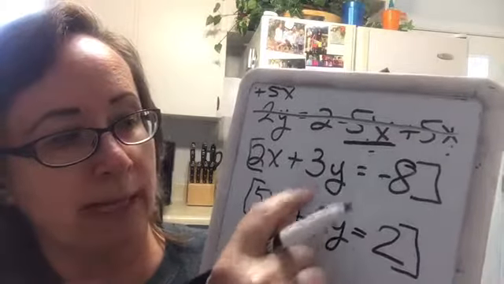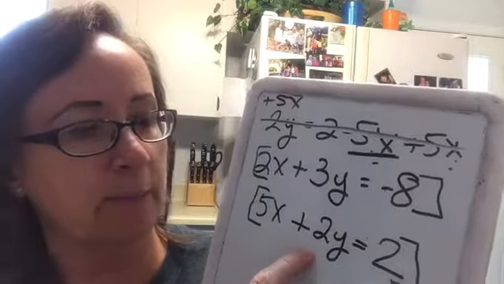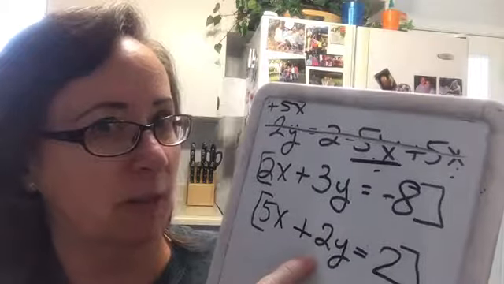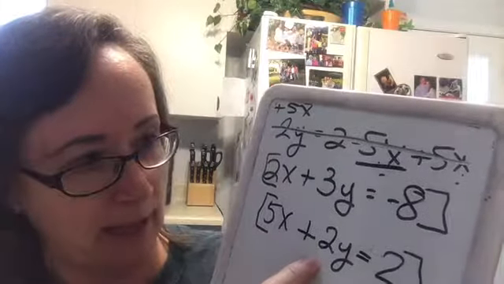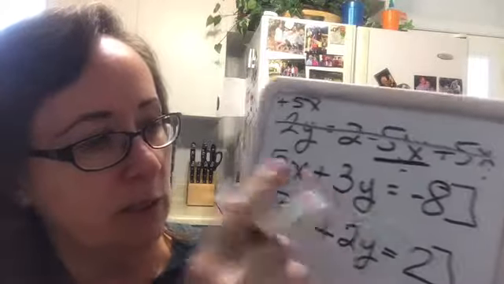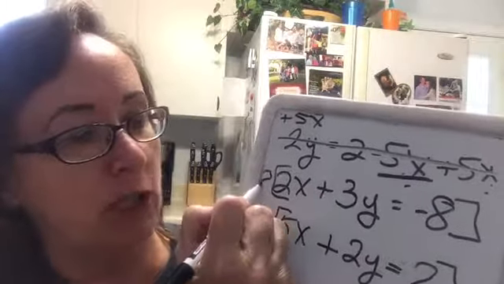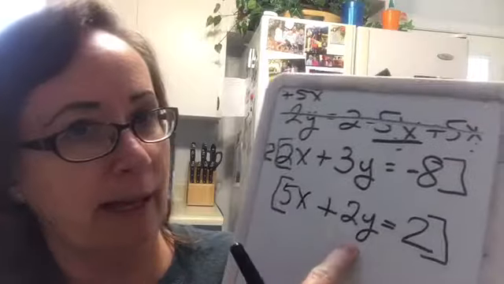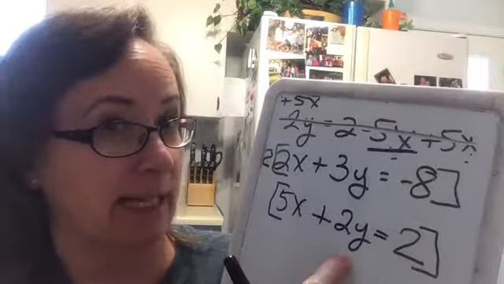So since 3 and 2 both go into 6, I'm aiming for a 6y and a negative 6y. So we're going to multiply this one to get a 6y. So I'm going to multiply out here by a 2. And I'm going to multiply this one to get a negative 6y.